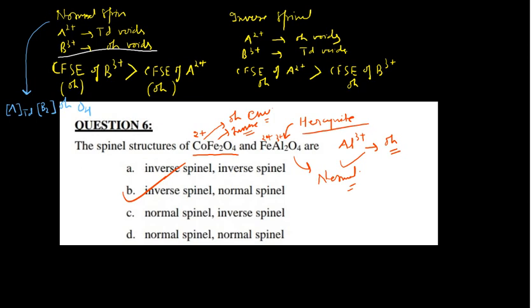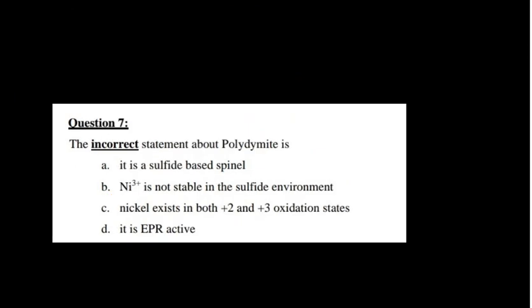Very important one. Now moving to the next problem, which asks for the incorrect statement about polydymite. This question is memory based. To solve it, you need to know the structure of polydymite, which is a kind of spinel, or let's say a mineral.